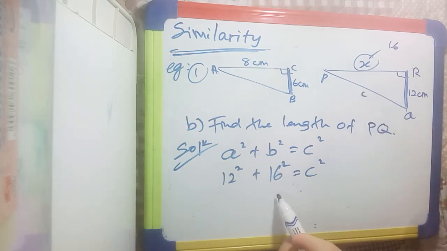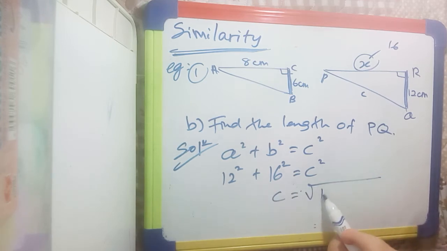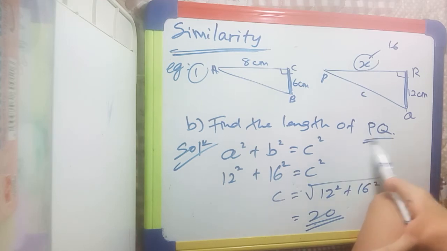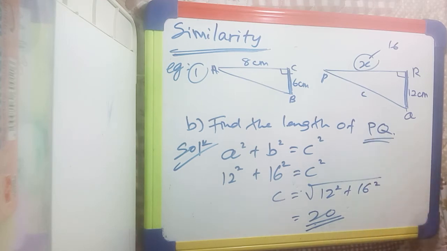So you use your calculator. c is equal to the square root of 12 square plus 16 square, which is equal to 20. So the length of PQ is 20.